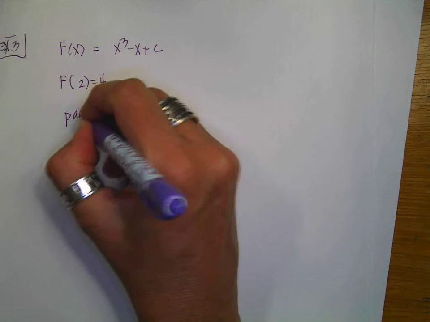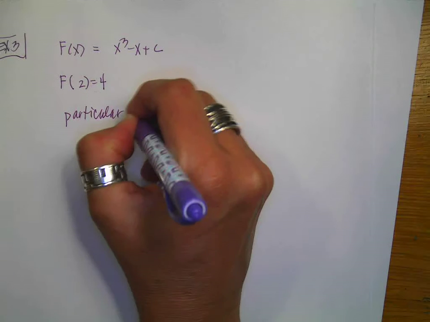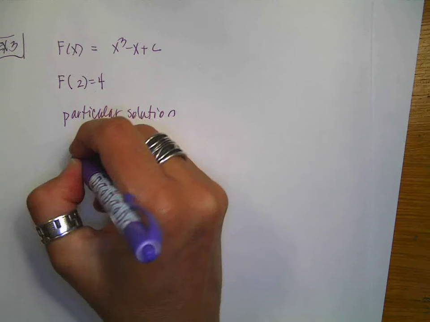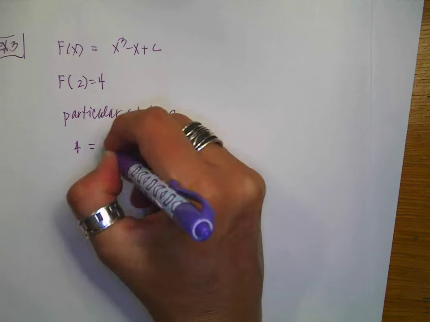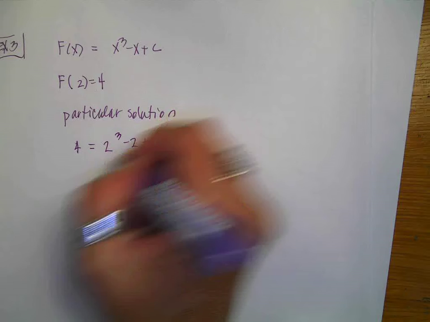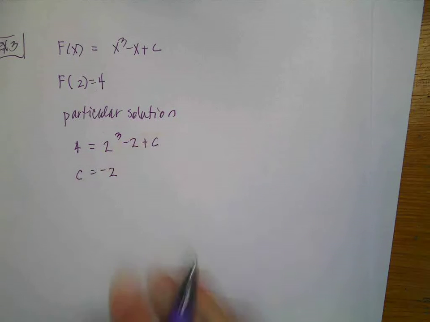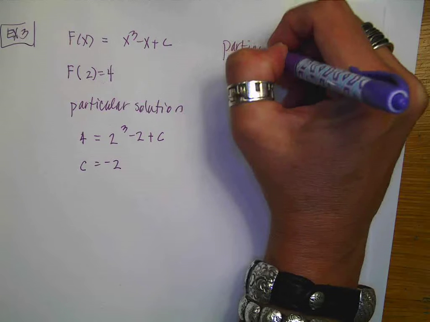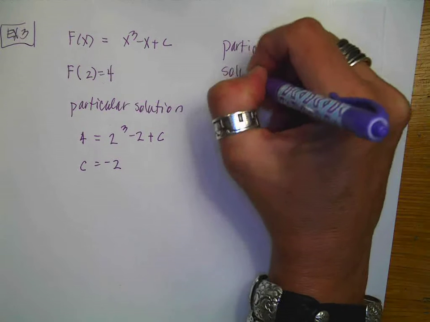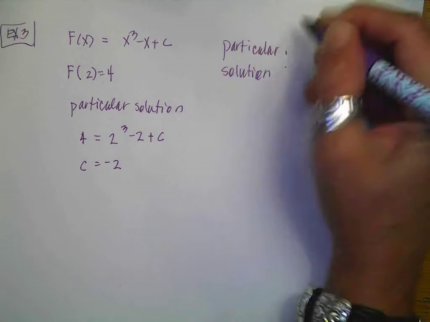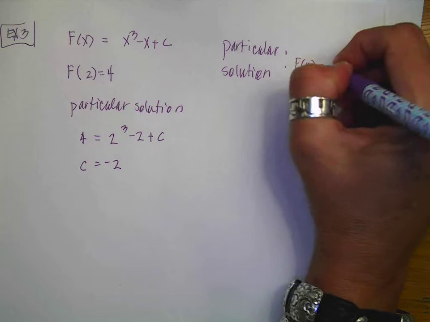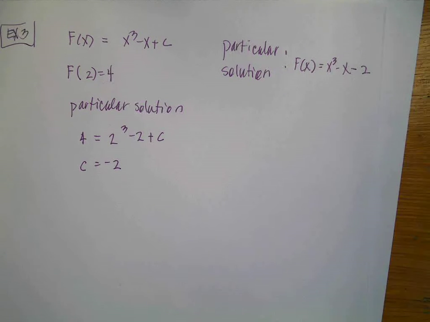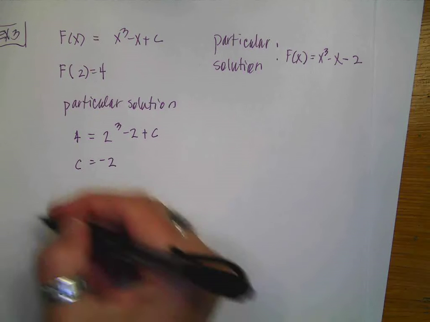Well, then I can substitute this into here to find the particular solution. So when I substitute it in, I get that 4 is equal to 2 cubed minus 2 plus c, and when I solve for c, I get that it's negative 2. And then for reporting my particular solution, it would be f of x is equal to x cubed minus x minus 2, okay?